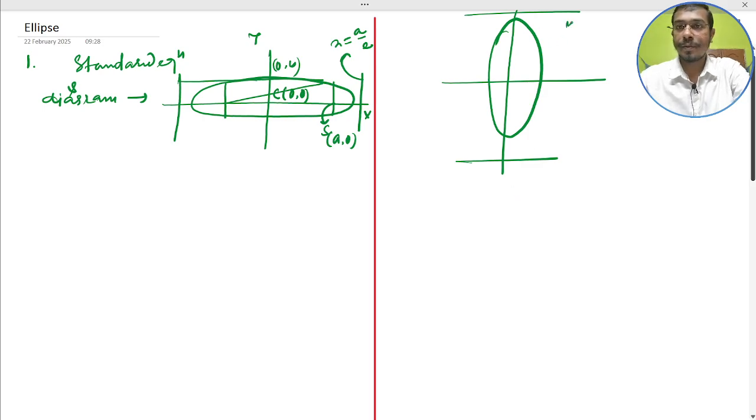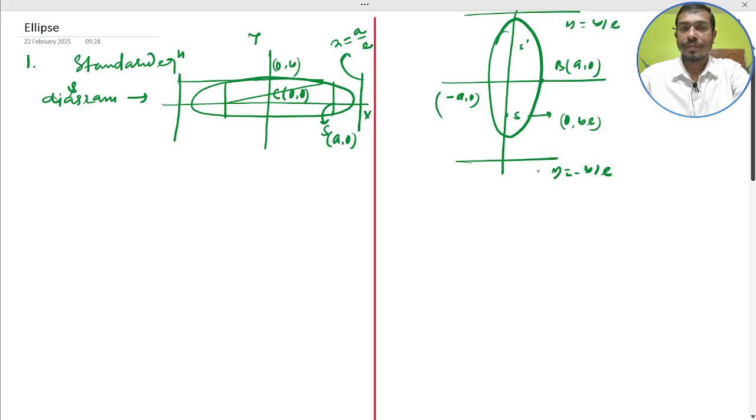This is the line y equal to b by e. This is S', and here S is (0, b). This is (a, 0), this is (minus a, 0), and this is the line y equal to minus b by e.